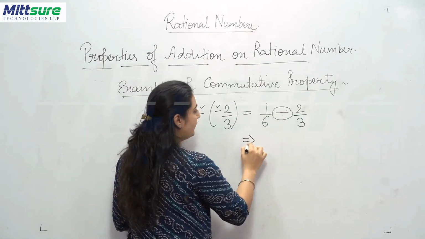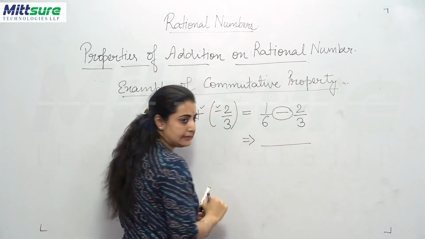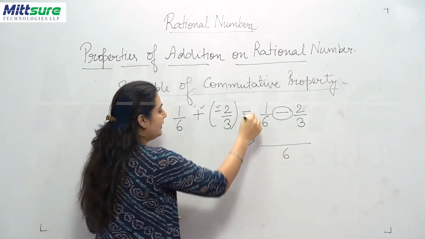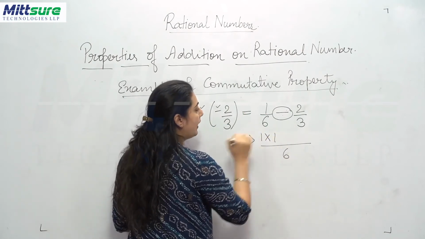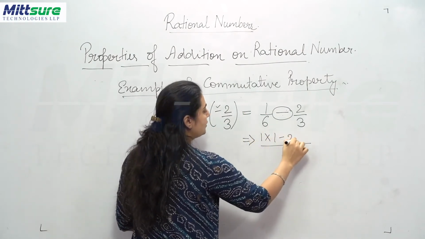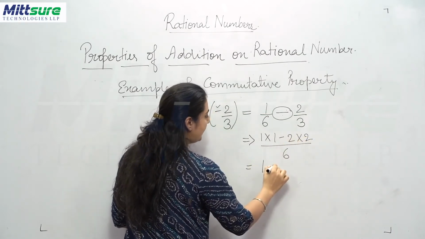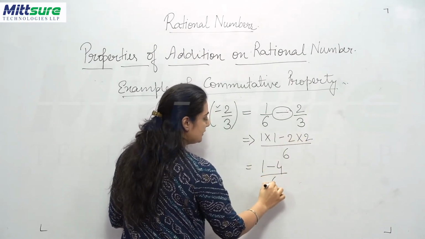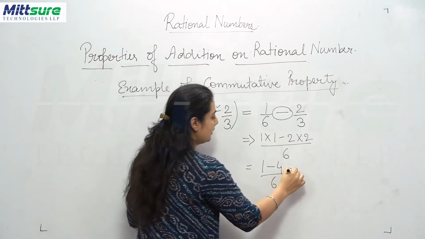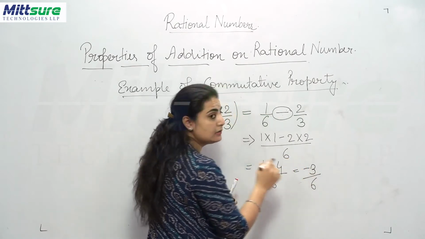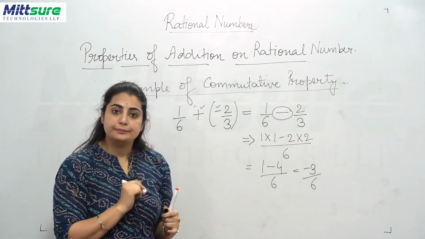So let's solve it now. I will take the LCM. LCM comes to be 6. Clear? Then 1 multiplied by 1 and here minus 2 into 2. So 1 minus 4 upon 6, which gives minus 3 upon 6. Now this will also be further reduced, right?